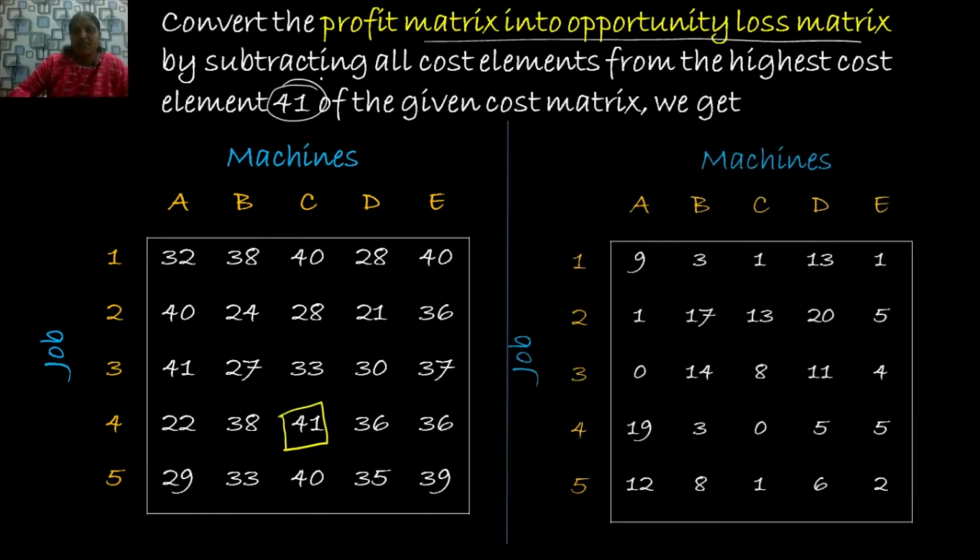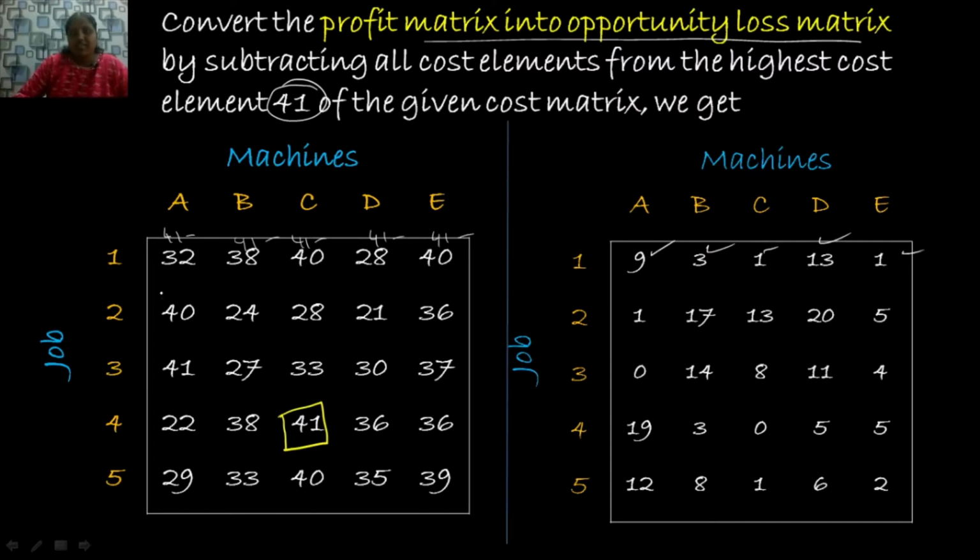since 41 is the highest element, we subtract: 41 minus 32, we have 9. 41 minus 38, 3. 41 minus 40, 1. 41 minus 28, 13. 41 minus 40, 1.